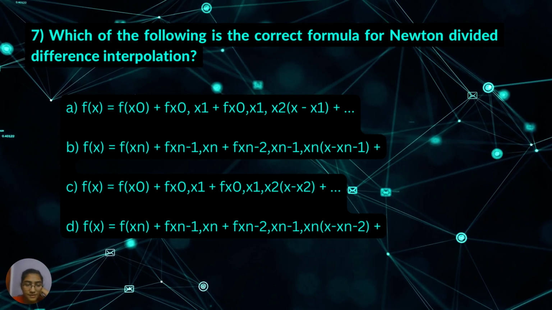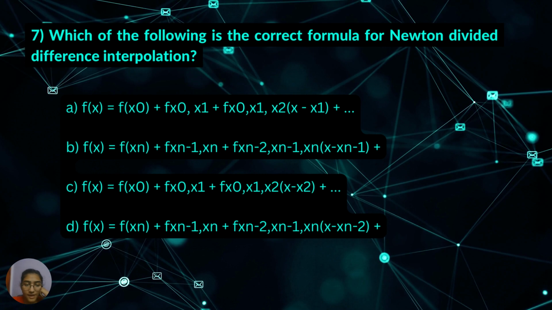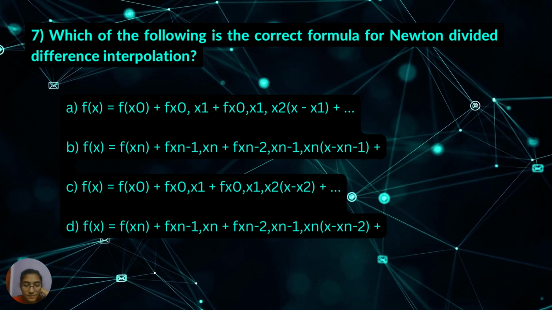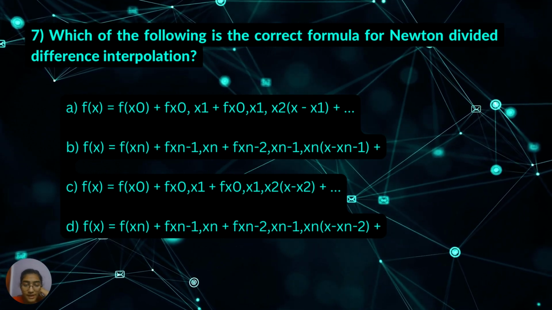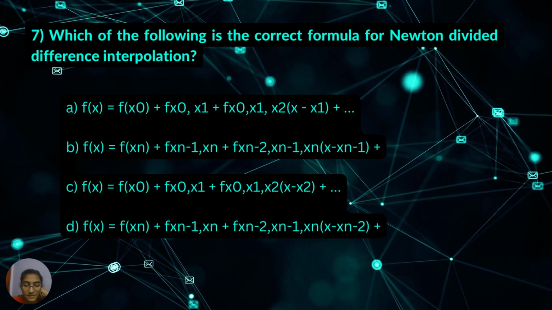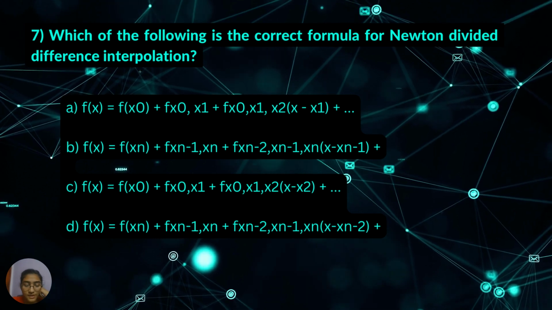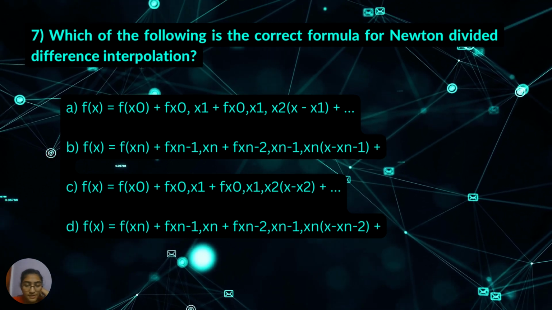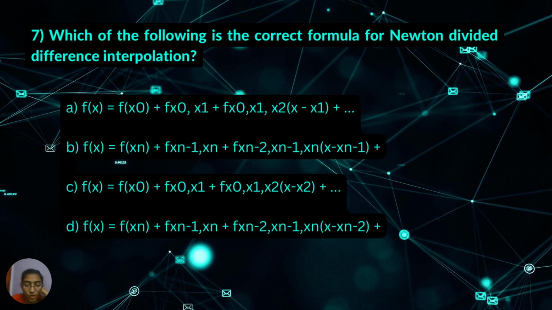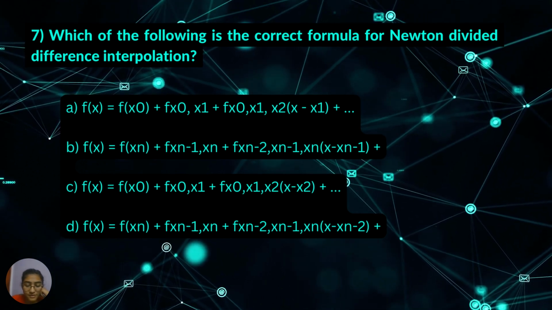Or B, f of x equal to f of xn plus f of xn minus 1, comma, xn plus f of xn minus 2, xn minus 1, xn in the bracket x minus xn minus 1 plus, and so on. Similarly, we have other options C and D. So which option correctly represents the formula of the divided difference interpolation?